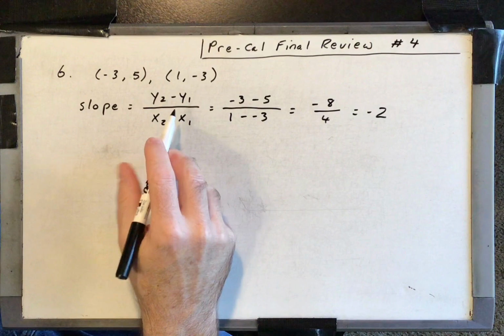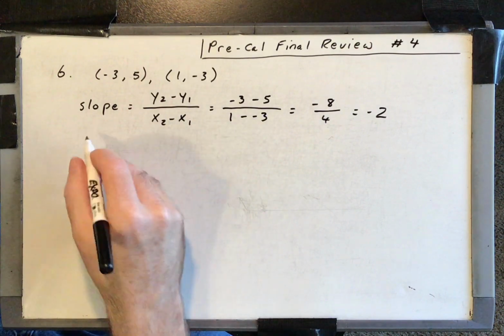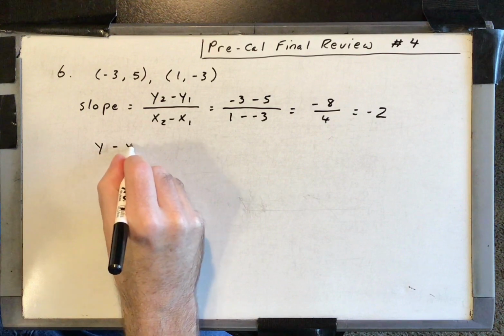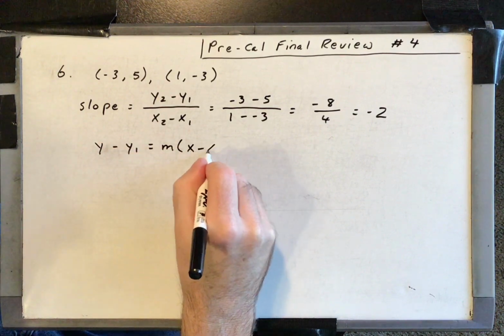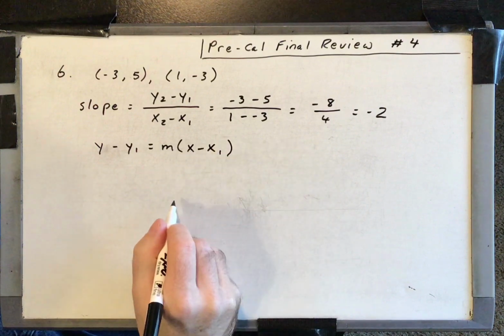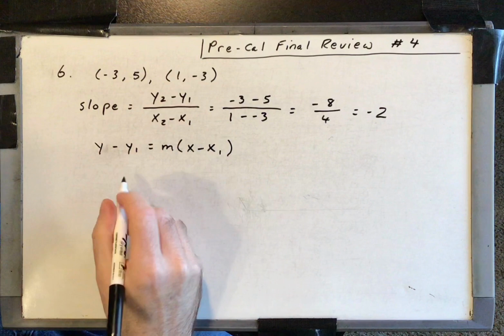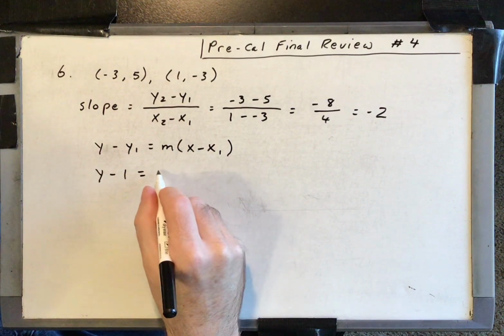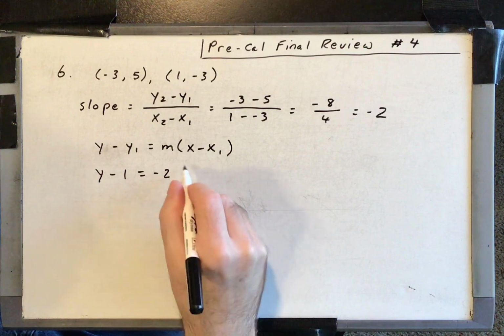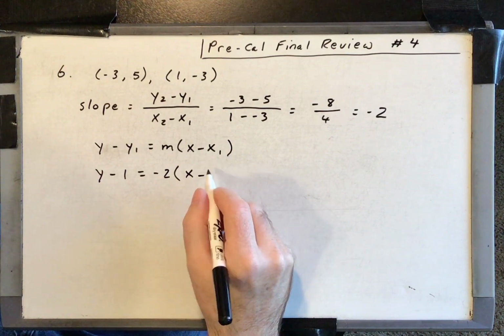Now what I'm going to do is put this in point slope form. Point slope form is y minus y1 is equal to the slope times x minus x1. And then I'll solve for y. Let's use the second point. You can use either one, but y minus 1 is equal to the slope negative 2 times x minus negative 3.